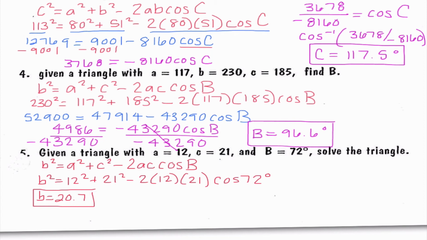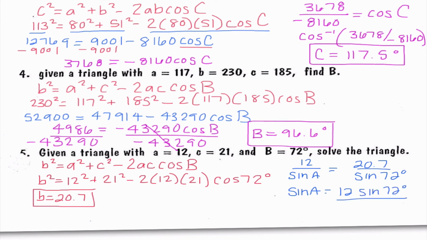Okay, I'm going to find angle A first, and if I want, I could use law of cosines because we know all three sides. However, I actually think that using law of sines is a little bit easier. So I'm going to go ahead and set up my ratio. And when I cross multiply and divide, I get sine of angle A equals 12 times the sine of 72 degrees divided by 20.7.